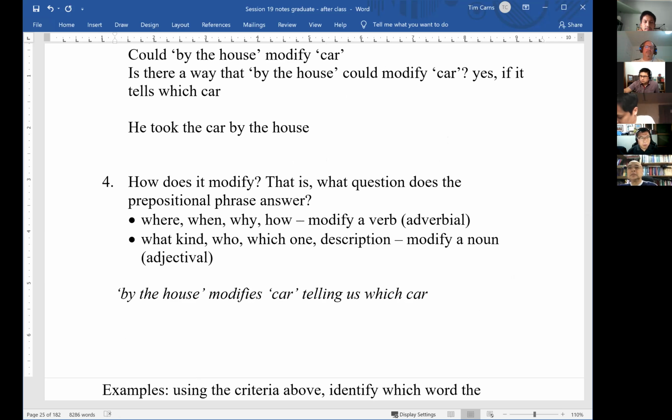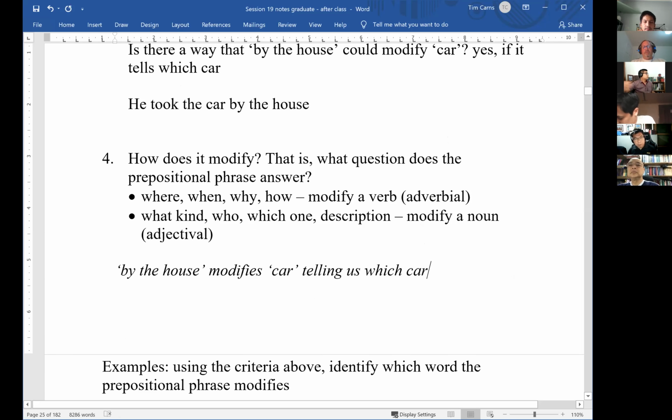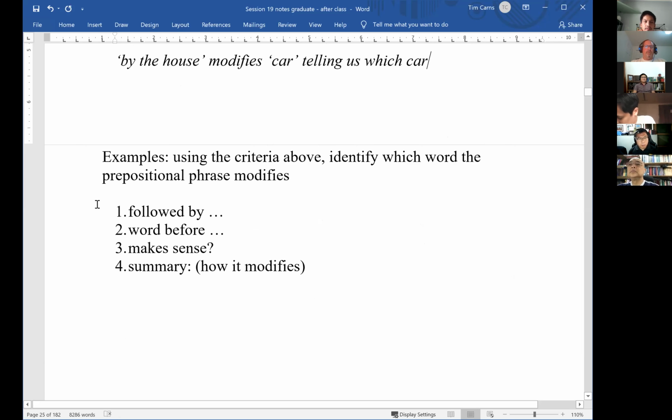The car by the house. All right. So basically, we're just looking for these four things. One, what is the preposition followed by? Two, what is the word before the preposition? The third step is, does it make sense that that word can be modified by the preposition? And then lastly, summarize it. That is, how does it modify?